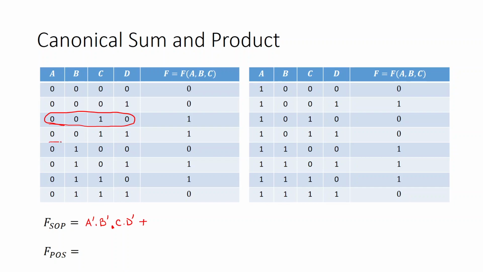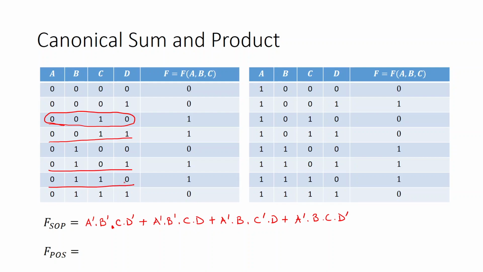The next term will be for this one, A dashed, B dashed, C, D. Then A dashed, B, C dashed, D. Just keep checking with me. A dashed, B, C, D dashed. I hope we are correct here. A dashed, B, C dashed, D. A dashed, B, C, D dashed. Yes, so this is the expression.